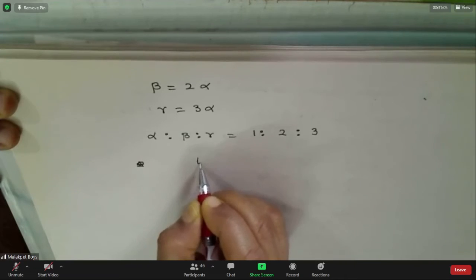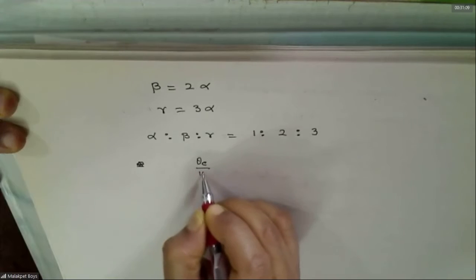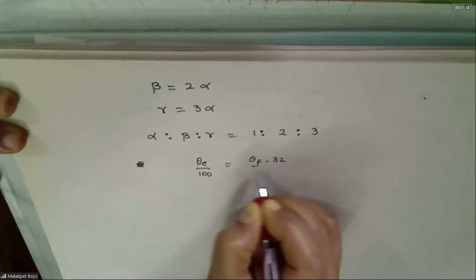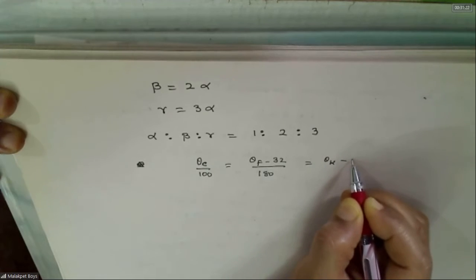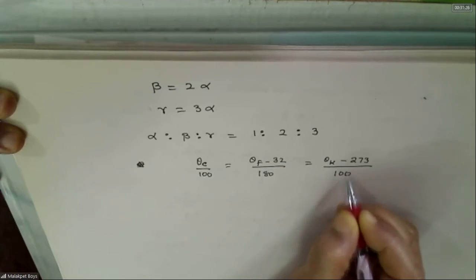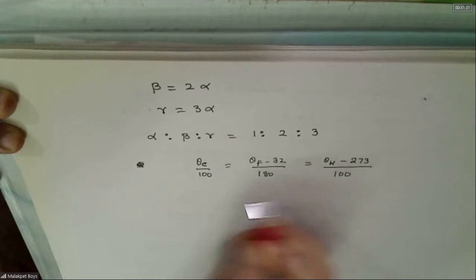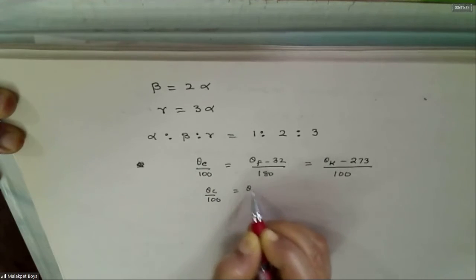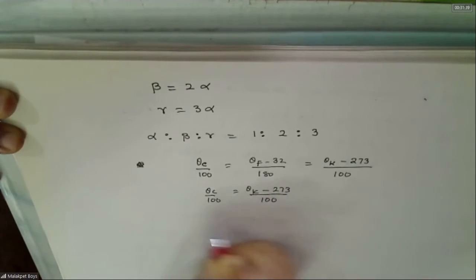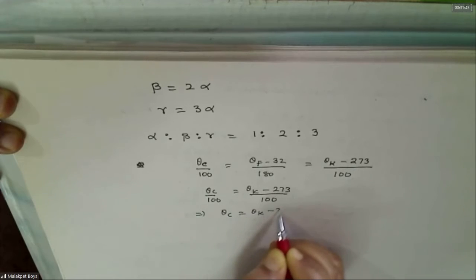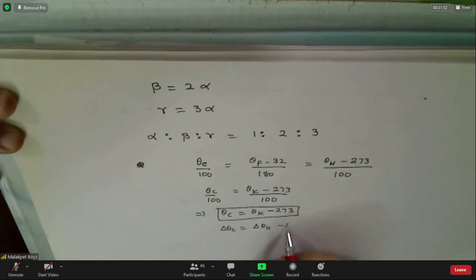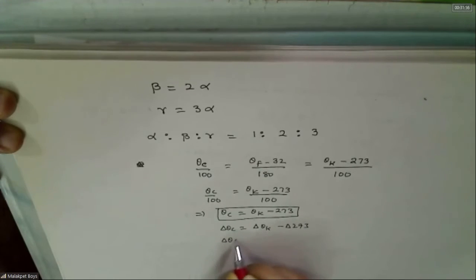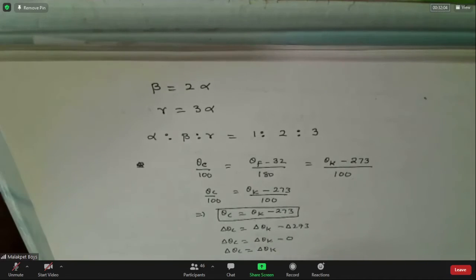And remember that long back we saw temperature in the Kelvin scale. Upper limit minus lower limit: 373 minus 273. If you observe these scales of temperature, remember that the change in 273 is constant. So delta theta C is equal to delta theta K. Do you agree with this?